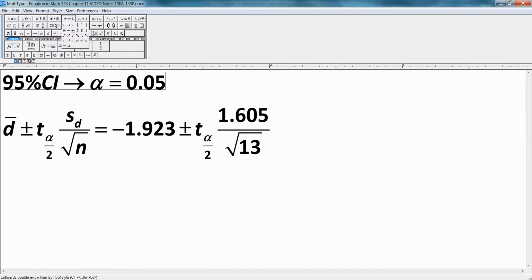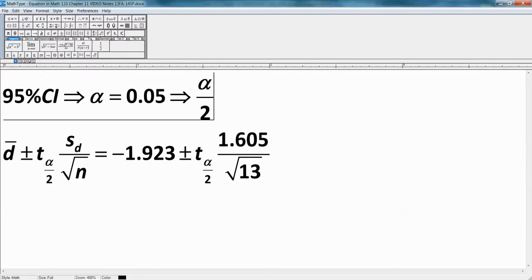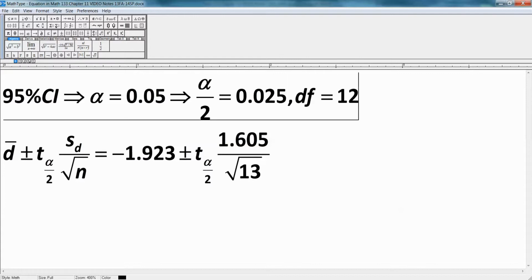And that means that alpha over 2 is 0.025. There we go. All right, so that's my column, and my degrees of freedom, let me just remind you of that, is 12, right? Because it's 13 take away 1.